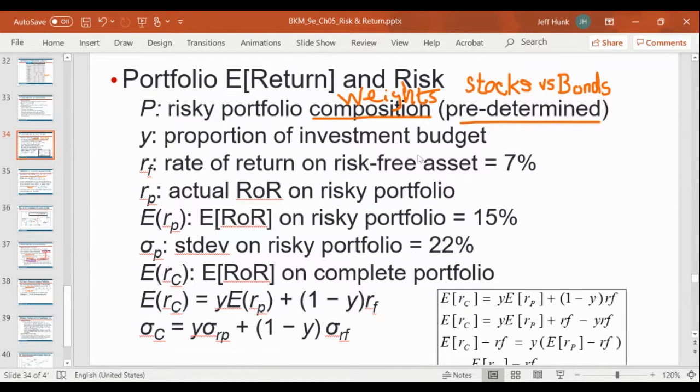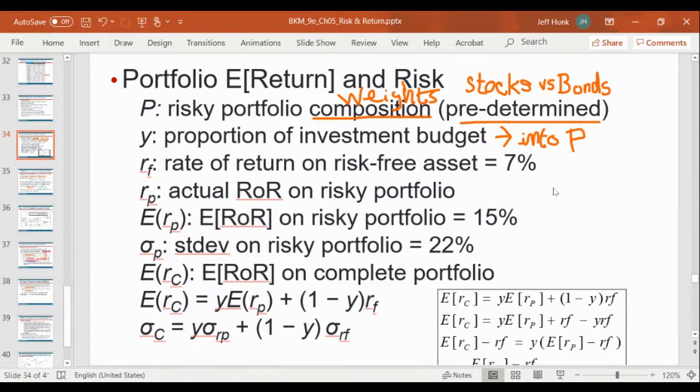Y is the proportion of investment budget that goes into a risky portfolio. In other words, that goes into the risky portfolio, right?